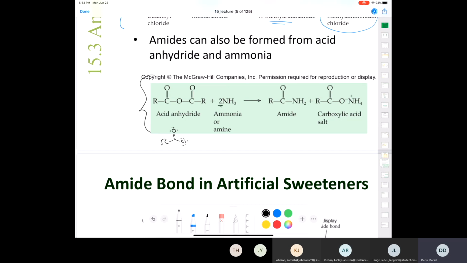You need 2 molecules of the amine or ammonia to make your amide. But this time, instead of getting ammonium chloride, you get ammonium and a negative ion. When you used an acid chloride, it was chloride. Now you get a carboxylate. So carboxylic acid salt, or you can sometimes call this a carboxylate salt. All right.